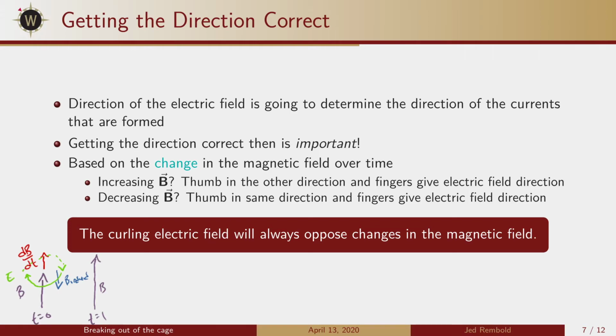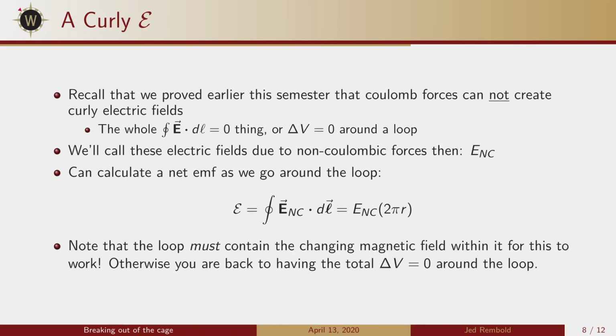Now we can add a little bit more spice onto that by realizing that earlier this semester, when we looked at things, we saw that just placed charges cannot create curling electric fields. All right? And therefore, we were always thinking of it in the sense that if I follow an electric field around in a closed loop, I always get a total change in the potential of 0.